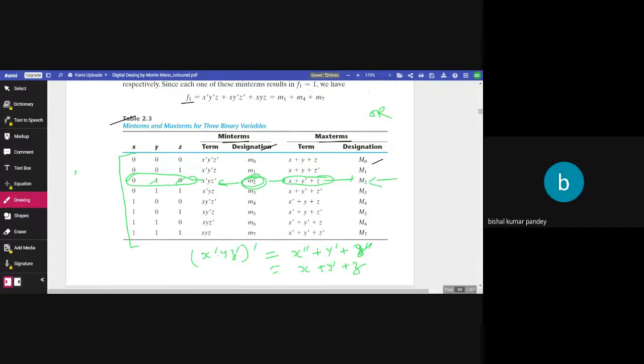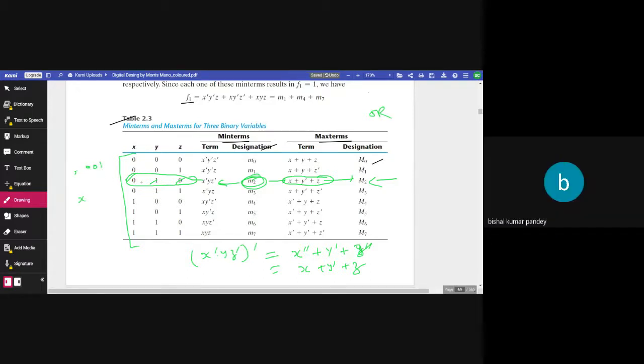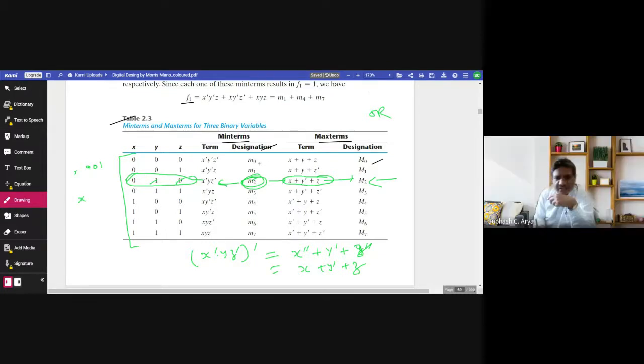Sir, let us say that I formulate a truth table where x remains the same, but for y I write 0, 1, 0, 1, like that. For m0 we have 0, 0, 0, and for m1 we have 0, 0, 1. See, this has significance.